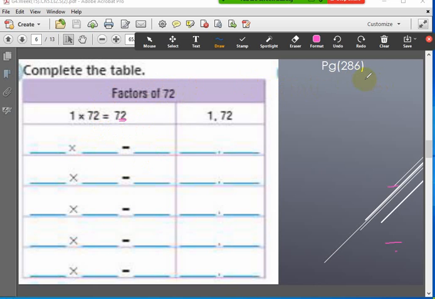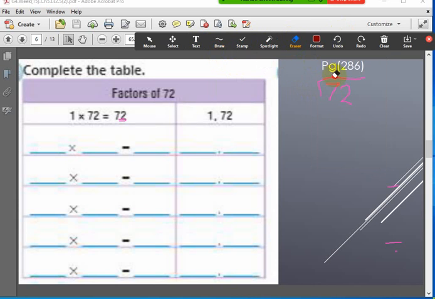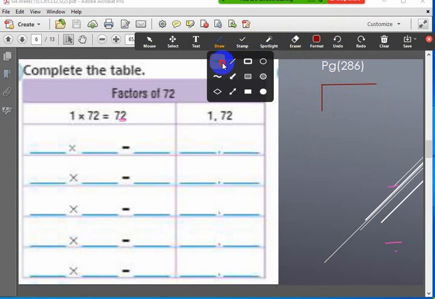So let's divide 72 by 2. Let's try here to divide 72 by 2 like we learned. Okay, I will change this color. And let's try to divide now 72 by 2.